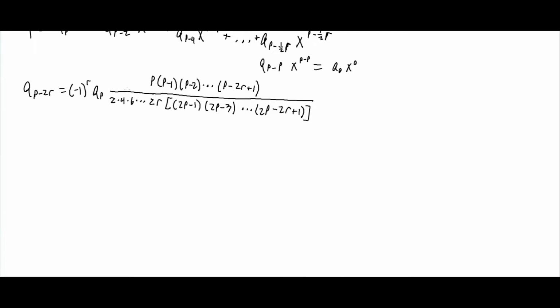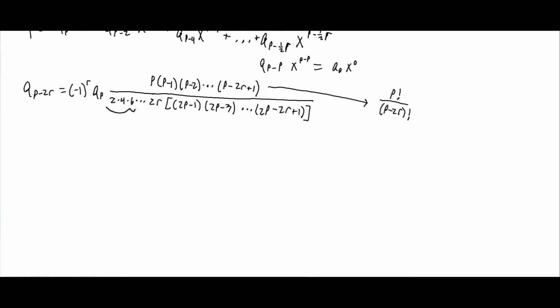And so I thought about going through a bunch of the algebra, but I think once again I'm just going to cut to the chase. This numerator up here, we can manipulate until we get it in the form of p factorial over p minus 2r factorial.